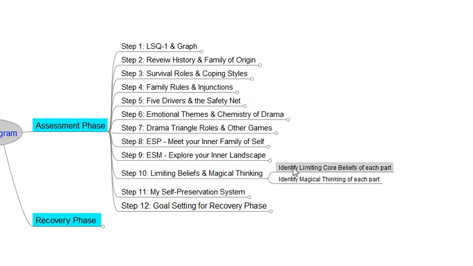So we want to identify those core beliefs, and each part may have its own core belief. And we want to look at the magical thinking, like black and white thinking, or personalizing, or catastrophizing, or mind reading, the magical thinking that each part might engage in. And we want to start looking at what those core beliefs are, because those will have to become targets of change.